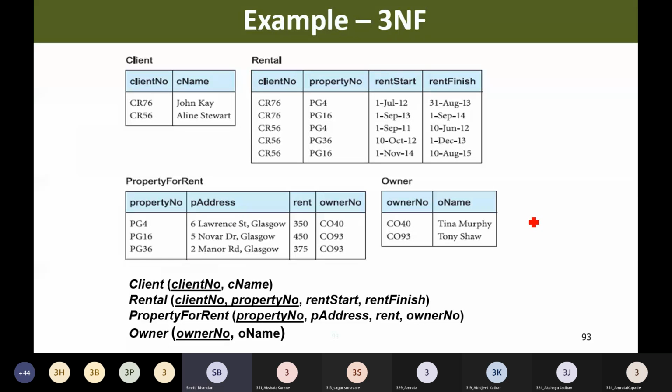So this is how we decomposed the relation in 2NF into relations in 3NF. Given the client rental relation in UNF, we went on decomposing the relation into higher and higher normal forms, and ultimately we have arrived at 3NF. Whenever the original relation is converted into 3NF, we now have 4 relations.